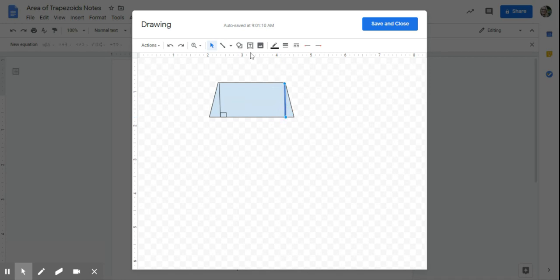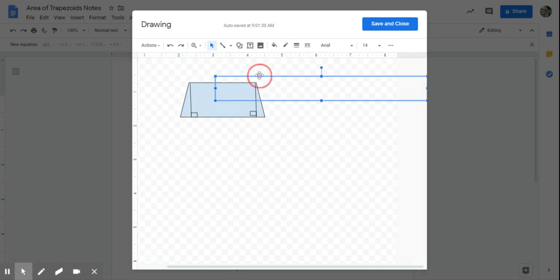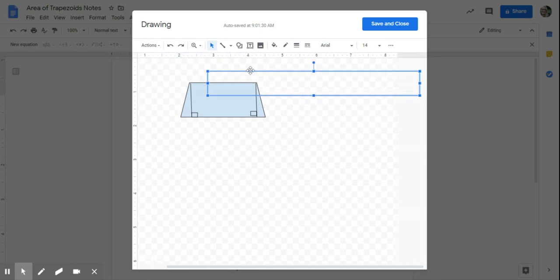Okay, I gotta do it again. There we go. So there's our figure. So I'm going to just label this first so that you know what we're looking at. It really doesn't matter which one you say is base 1 or base 2, but just for consistency's sake, I'm going to always call this base 1, which is the entire side, from here to here.